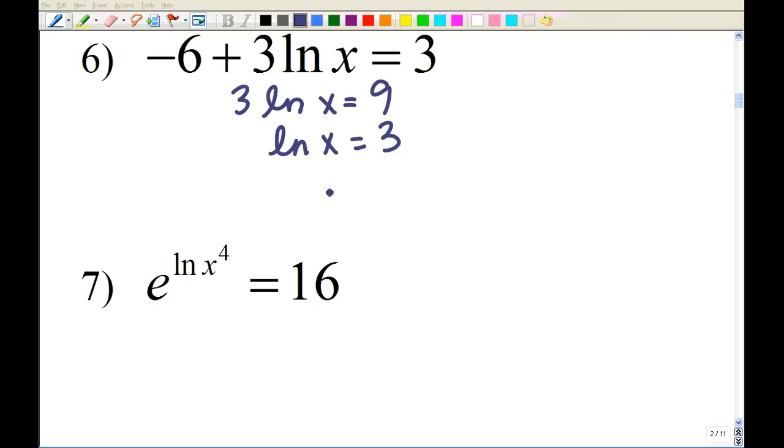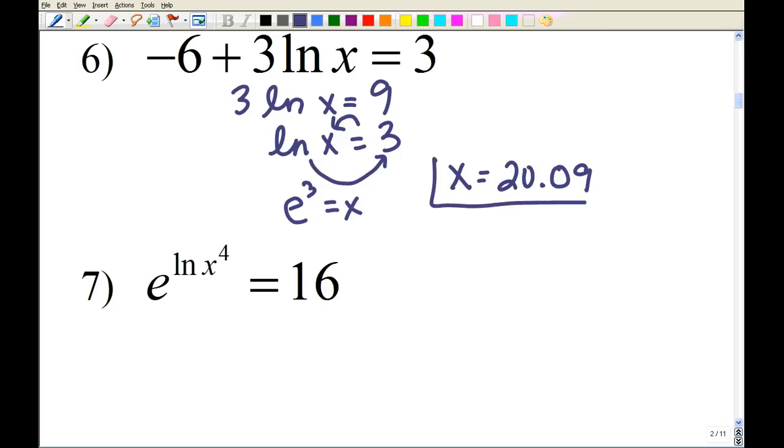Now if I want to rewrite this, remember this is log base e, so I'll have e to the 3rd power equals x, so e cubed equals x. And so then in the calculator you would type in e cubed and you get x equals 20.09.